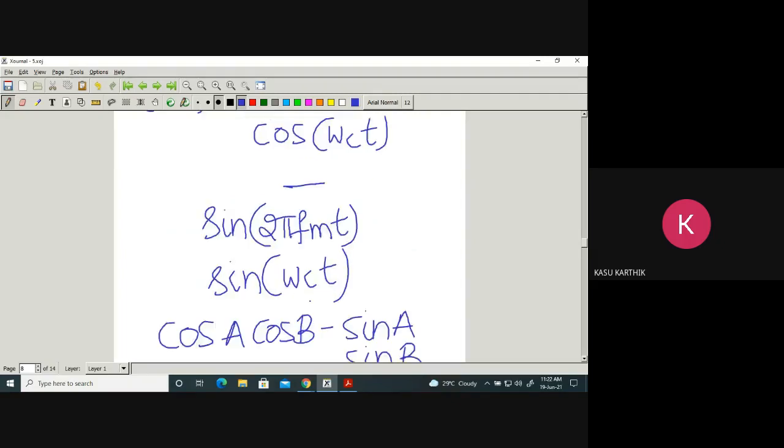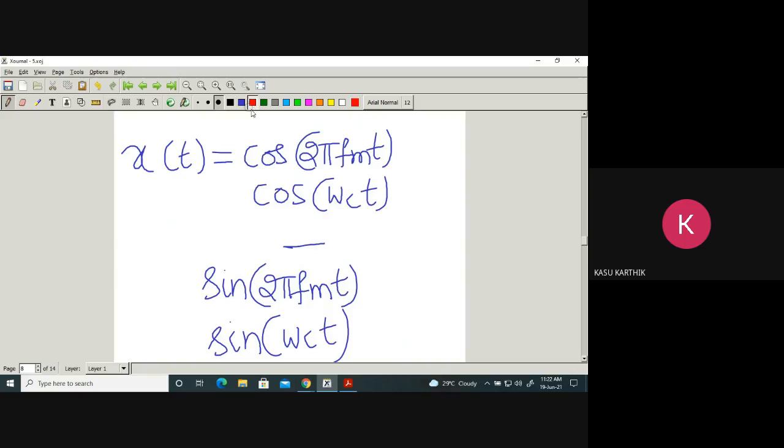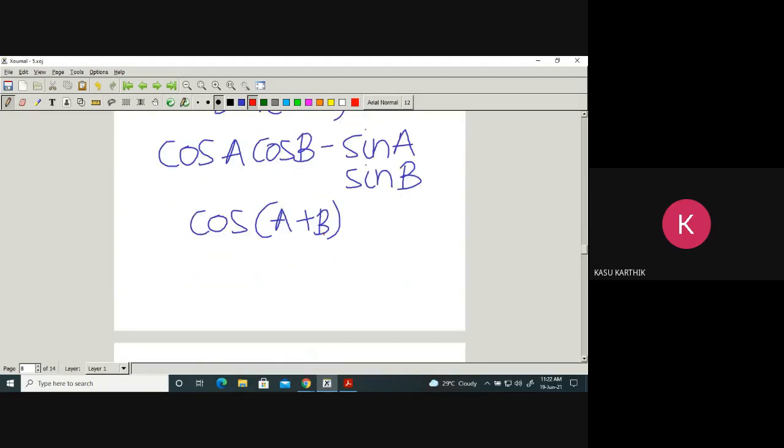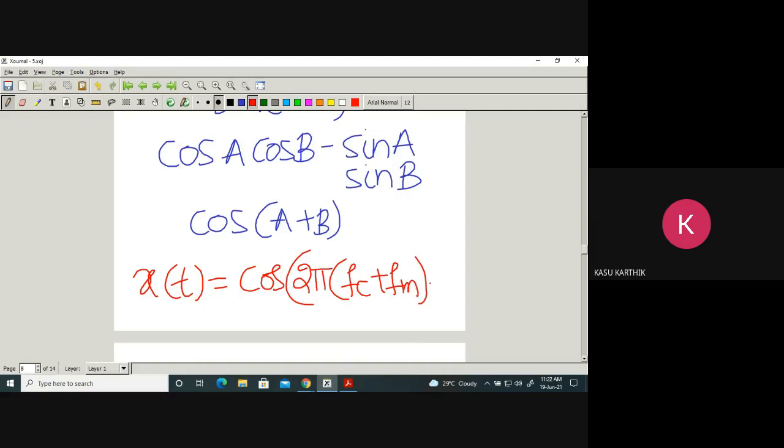But what is a, what is b? This is a, this is b. Omega ct means 2 pi fct, so x of t would be cos a plus b, cos 2 pi into (fc plus fm)t.